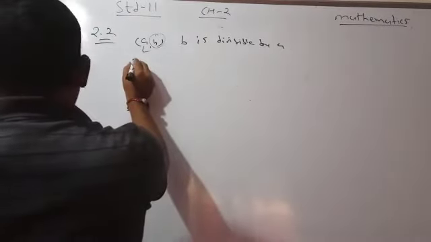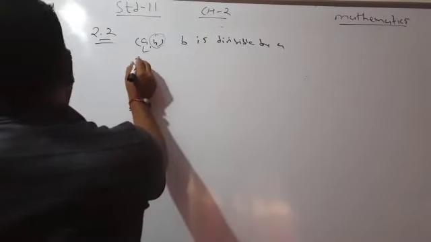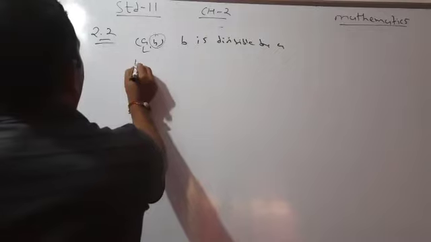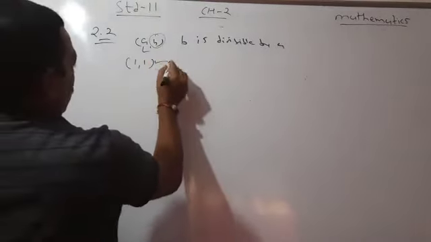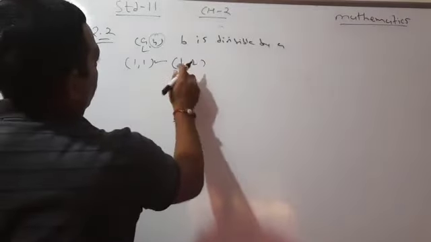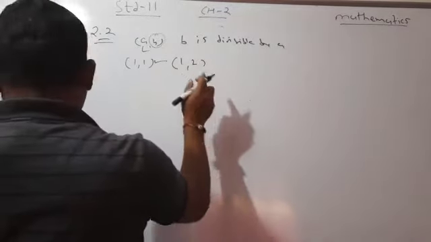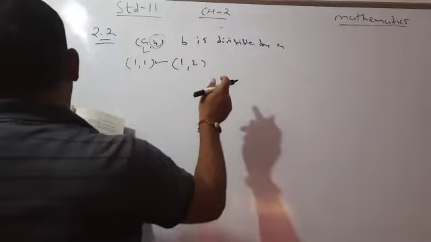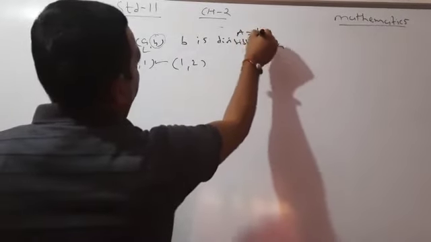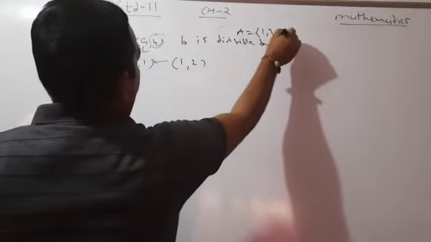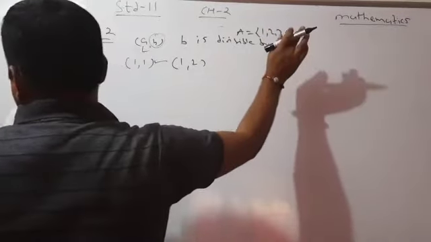Suppose I write (1, 1). Can we say 1 is divisible by 1? If I write (1, 2), can we say 2 is divisible by 1? The elements of A are given: 1, 2, 3, 4 and 6. 5 is not there, right?